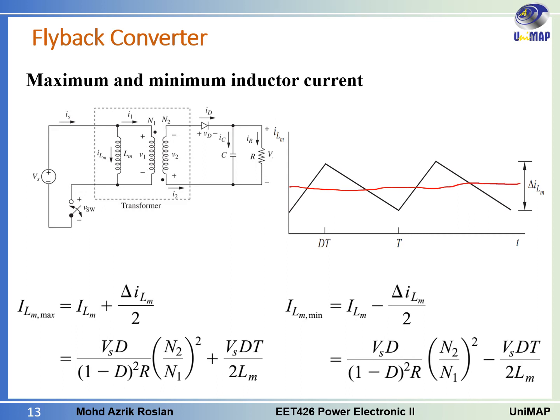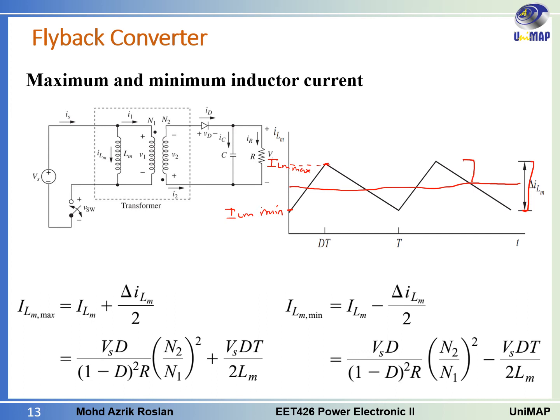The one that we want to find now is ILM max, the value at this point, and at this point we have ILM min. To find ILM max, it is just ILM plus delta ILM over 2. Delta ILM is the value from here to here, so you want half of it.